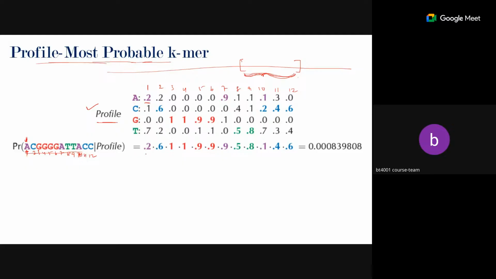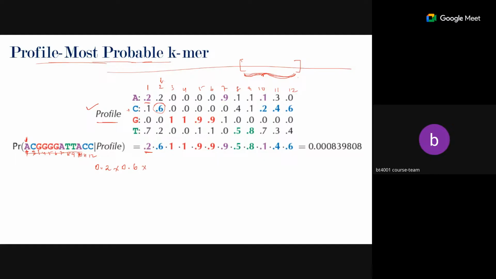So I'm going to take 0.2. Then what is the probability of occurrence of C? At the second position we have C. So I go to the profile matrix and find the probability of occurrence of C at position number 2, and we see that it is 0.6. So we multiply 0.2 with 0.6.